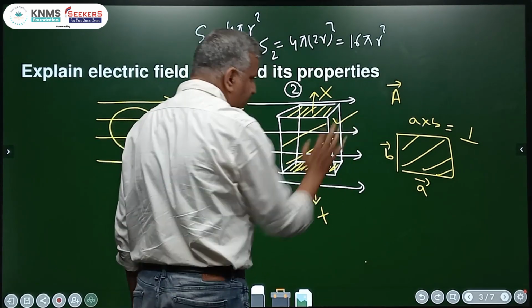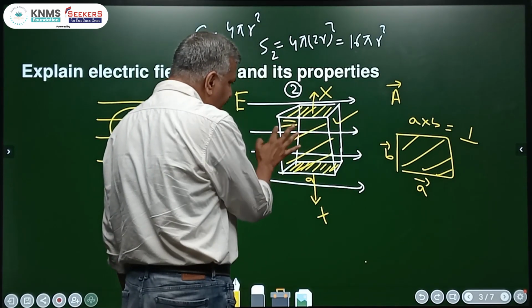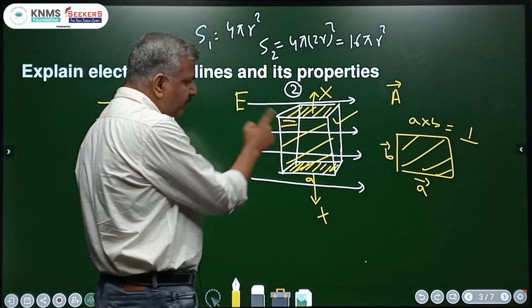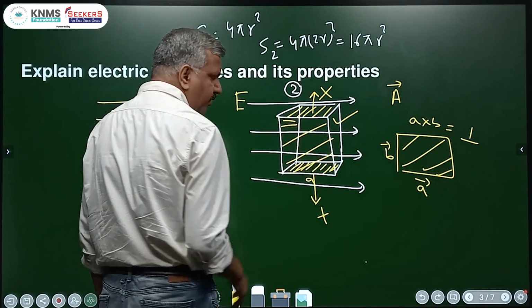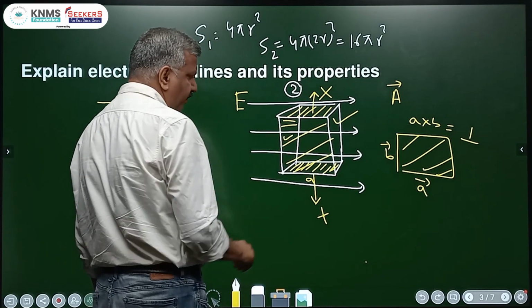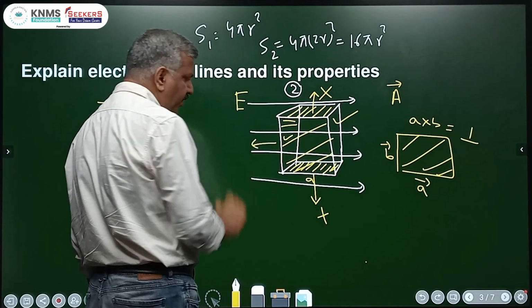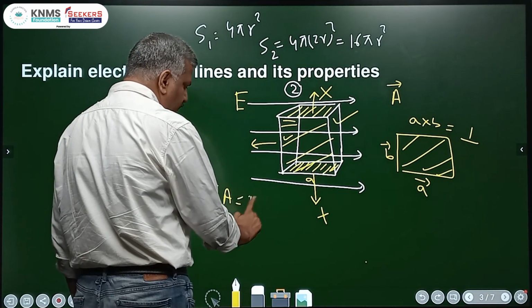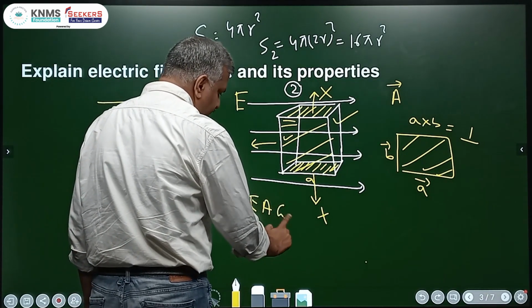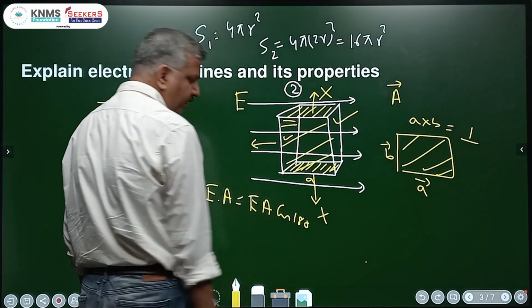There will be some flux on this wall and there will be some flux on the wall opposite to it. Let's call this 1 and let's call this 2. For this particular surface, the area vector will be outside. So E dot A will be equal to EA cos theta, that will be cos 180.